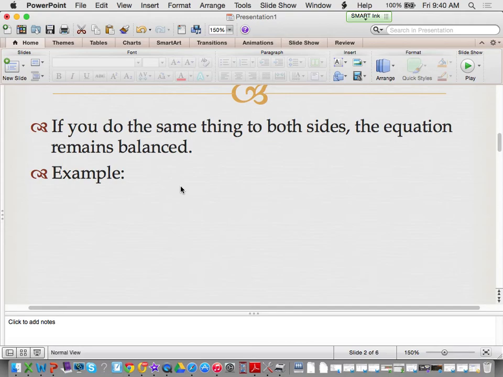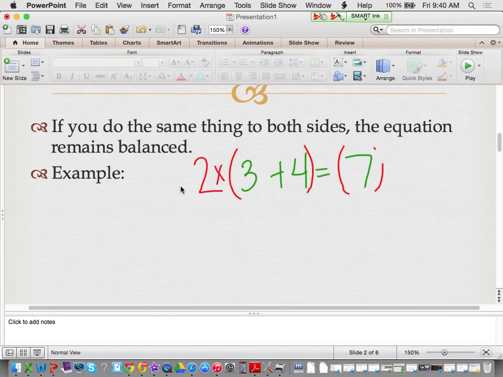For example, if we have 3 plus 4 equals 7. Now, clearly it's balanced now, and if I were to take the whole thing and double it on both sides of the equal sign, it's going to remain balanced.